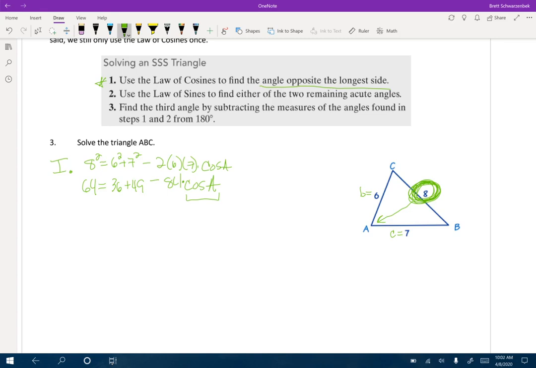We first have to find this. 36 plus 49 is going to be, it looks like 15 and 1 is 85, right? So if we have 85 over here, that means we basically need to subtract 85 that way. So 64 minus 85 is negative 21, which is equal to negative 84 cosine A.